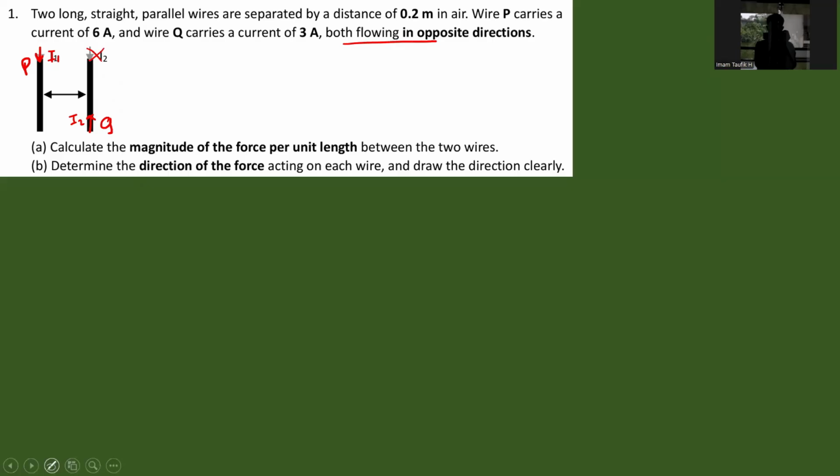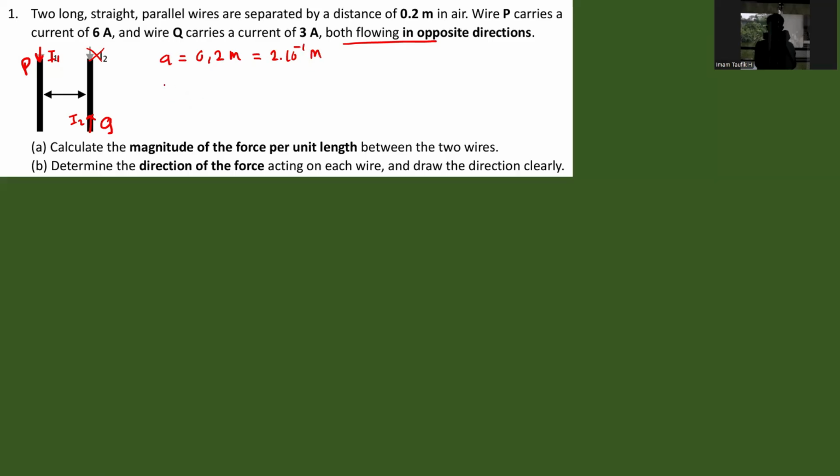Okay, next, we have to write down the information or the data we got from the question. Firstly, we have a, it's equal to 0.2 meters in air, so it's 2 times 10 power minus 1 meters.